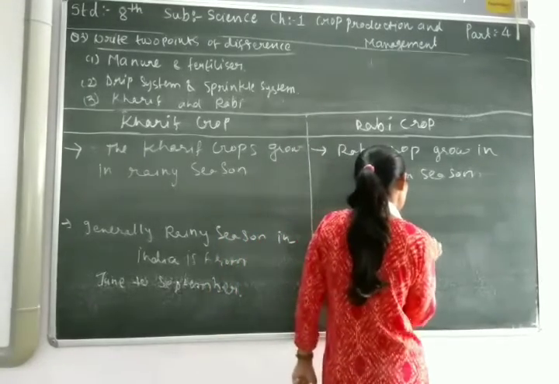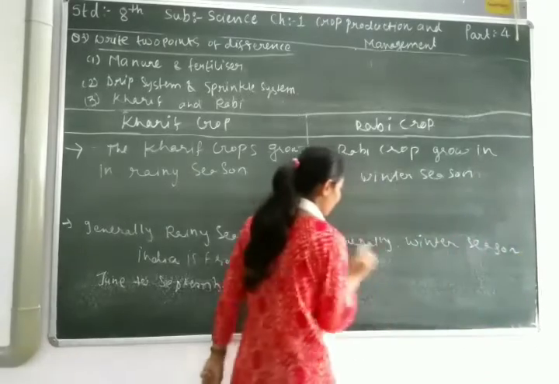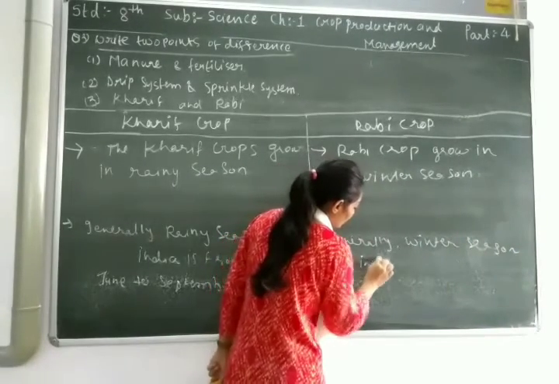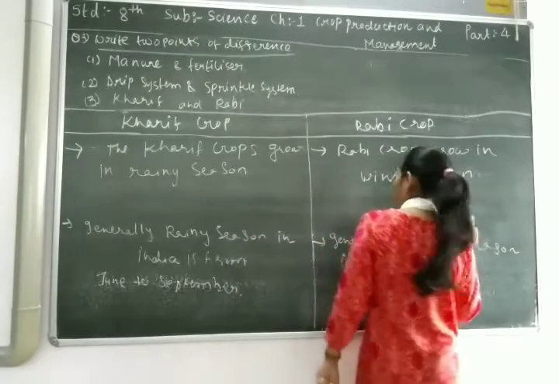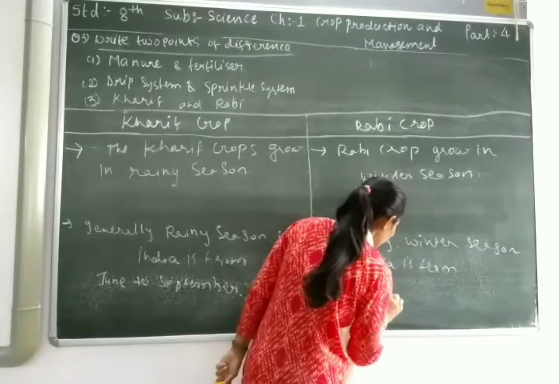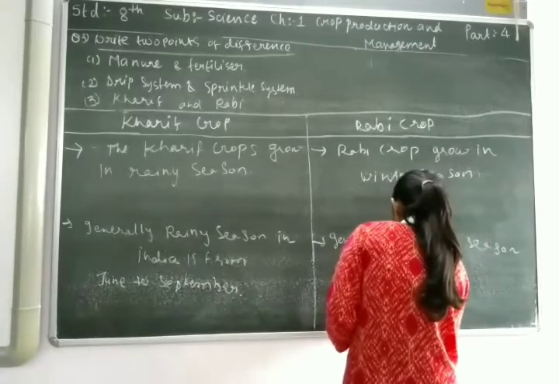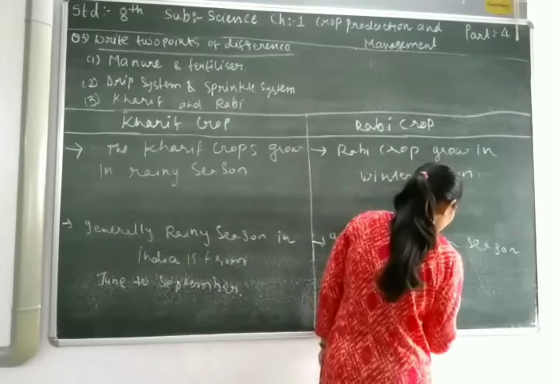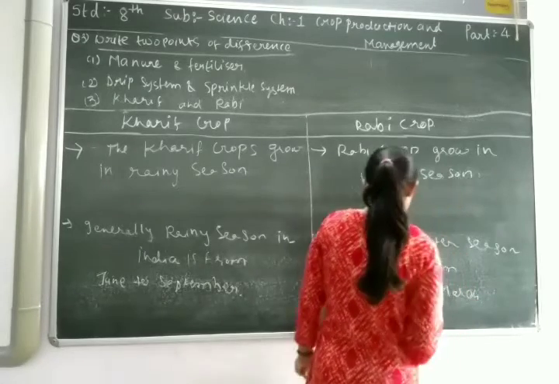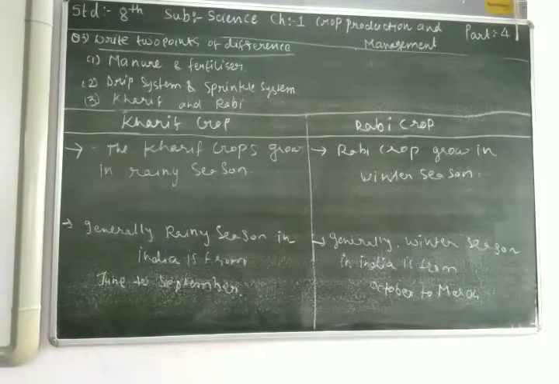Generally, the winter season in India is from October to March. October to March. Okay.